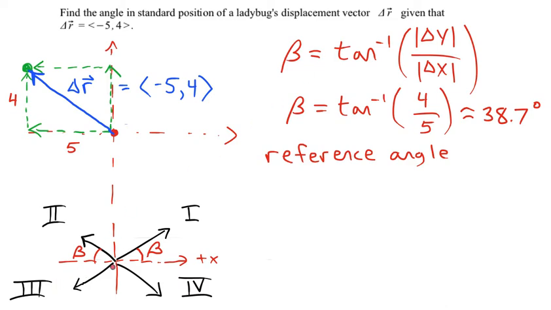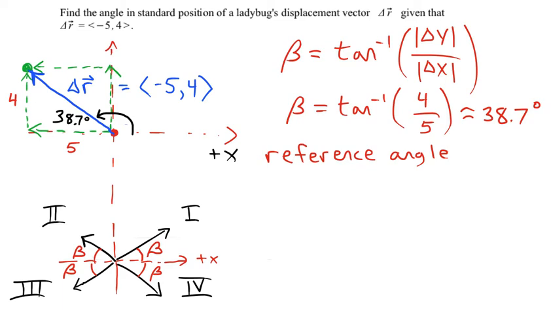And if we were to use it on a vector that points in the third quadrant, it would also give us the angle that that vector made with the x-axis. It's what it always gives us. So we have to make modifications depending on which quadrant we're pointing in to find that standard position angle, because the standard position angle is always measured counterclockwise from the positive x direction. So hopefully you can see here why the 38.7 that we got is not the final answer.